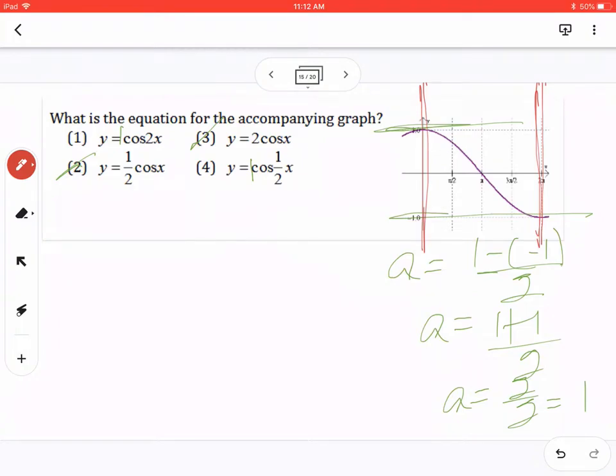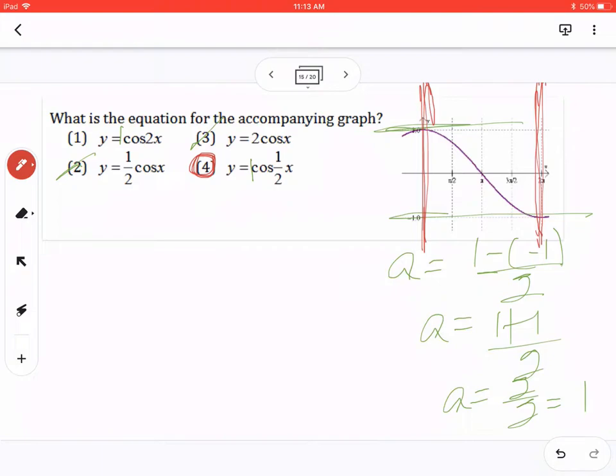It's only completed half of a cycle, meaning that our b value should be half, because we haven't seen a full cycle. By the time it gets to 2 pi, we've only seen half of a cycle.